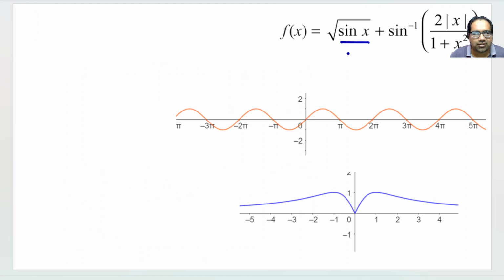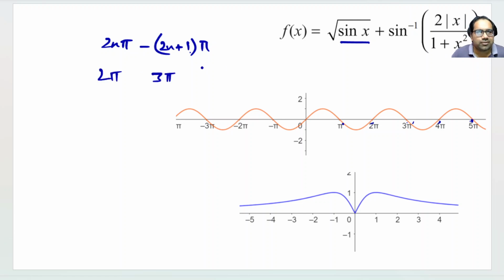Sin x has to be greater than or equal to 0. What does that mean? x should be either 0 to pi, or 2 pi to 3 pi, or 4 pi to 5 pi, and so on. Basically that is 2n pi to (2n plus 1) pi. When n equal to 1, it is 2 pi to 3 pi.